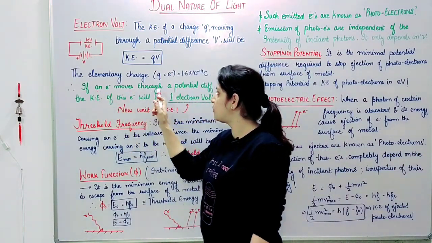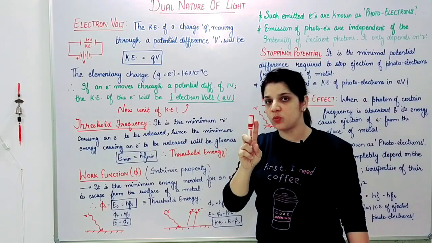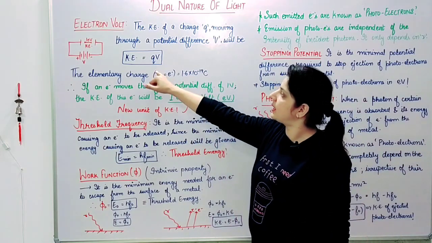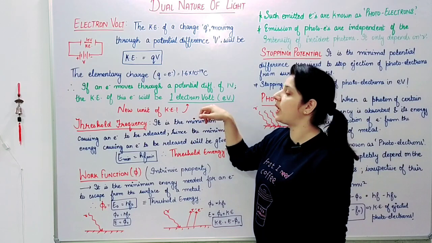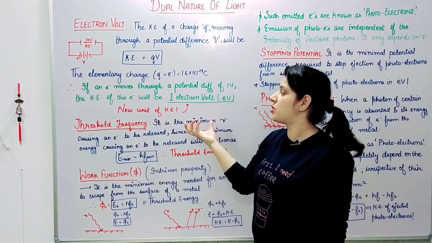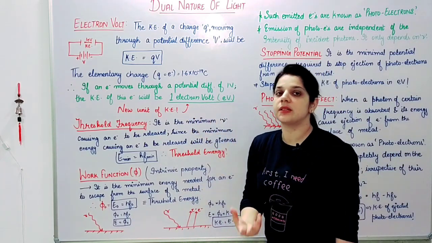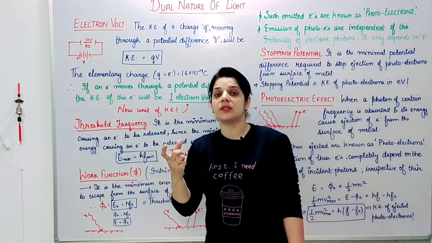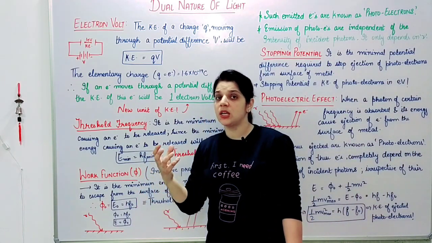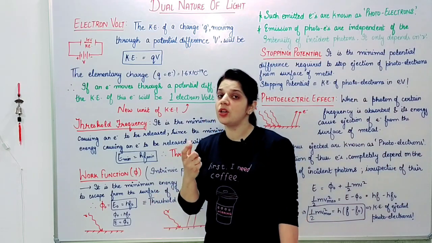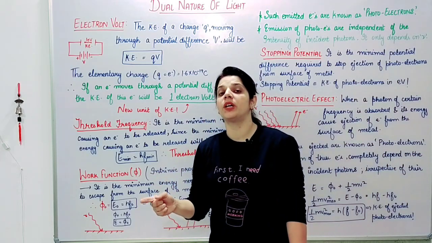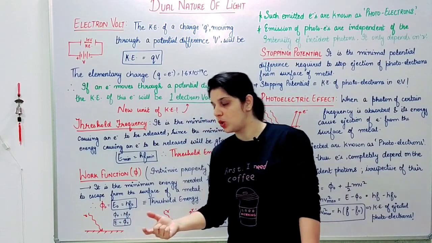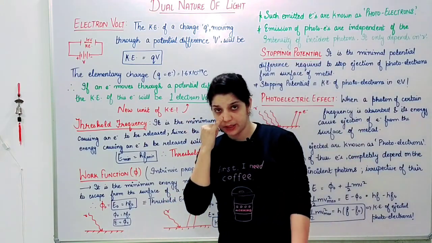When this electron moves through a potential difference of 1 volt, the kinetic energy of this electron will be 1 electron volt, which is in itself its definition. So the definition of 1 electron volt is the amount of kinetic energy of an electron moving under a potential difference of 1 volt, and this is a new unit of kinetic energy.